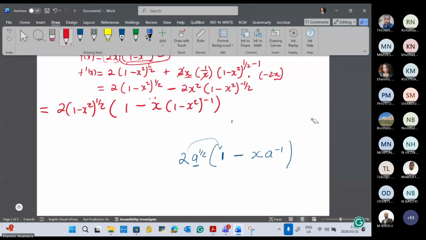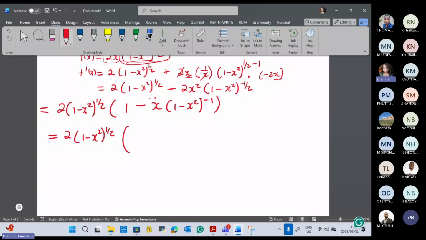So then this becomes 1 minus x squared to the power of 1/2, and this becomes 1 minus x over 1 minus x squared. From there you can make the common denominators and then simplify this. That's how you do the factorizing part. Then you simplify this.